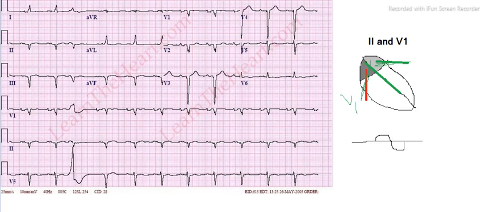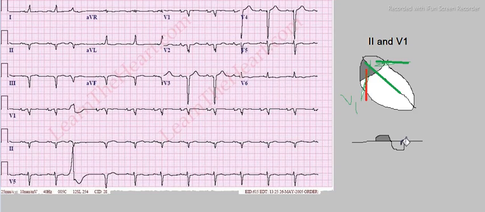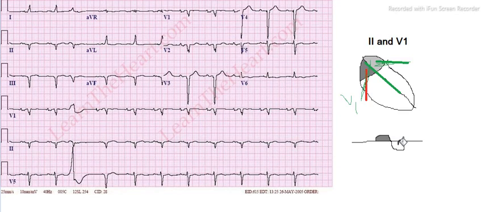This is the representation of right atrial depolarization, whereas this is the representation of left atrial depolarization. So lead 2 and lead V1 are necessary to be looked at.